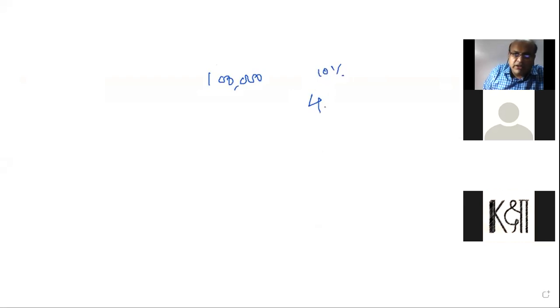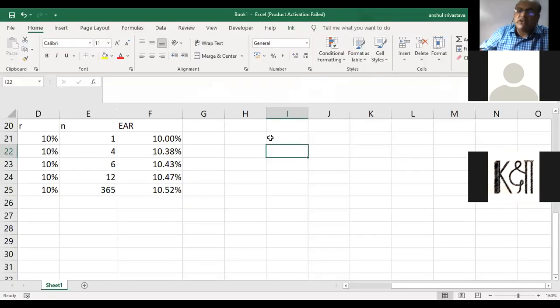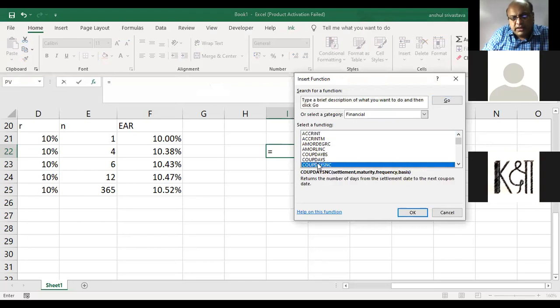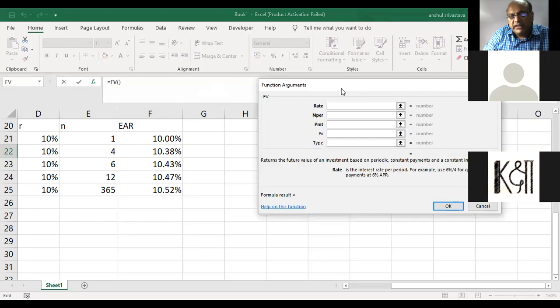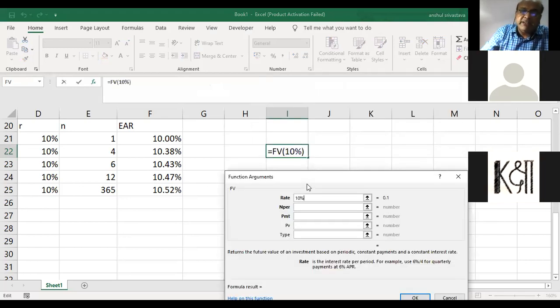So for calculating future value in Excel, we don't have to calculate the effective annual rate. We simply put the formula of future value, FV. The only thing that you will have to do is, when you are inputting the rate 10%, divide it by 4. 10% by 4.